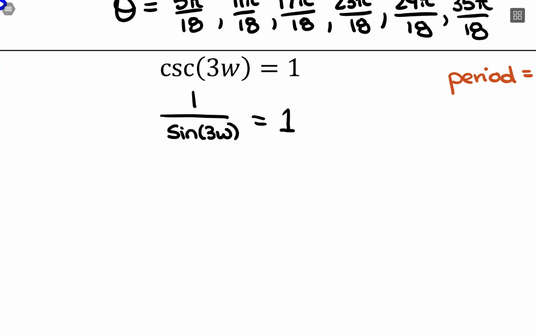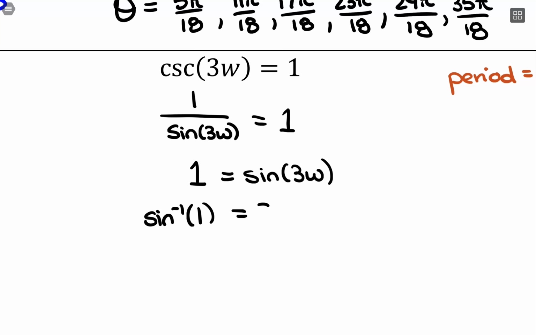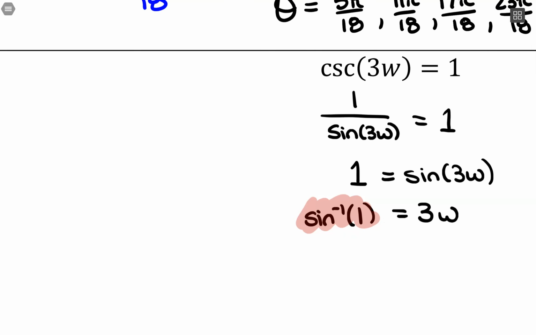And then I need to get sine out of the denominator, so I'm going to multiply both sides by sine of 3w. And then what this will give me is inverse sine of that positive 1 is equal to that angle measurement of 3w. And now I can go and evaluate my inverse sine.